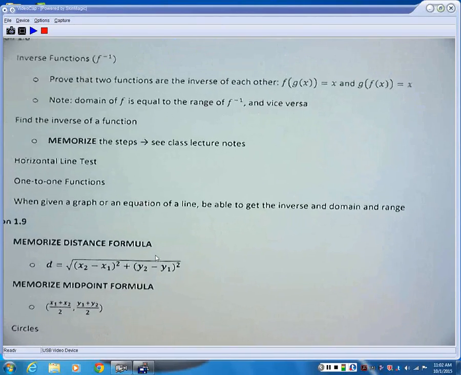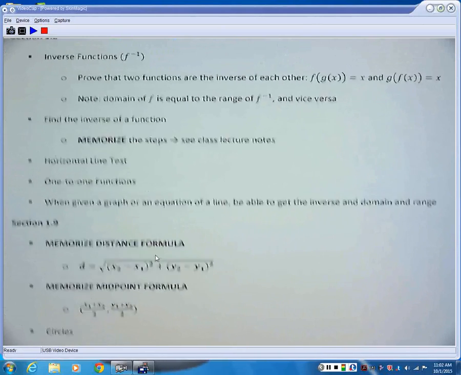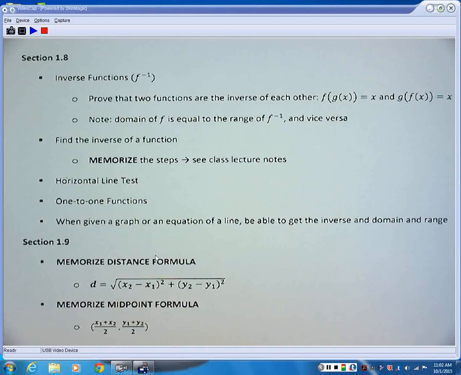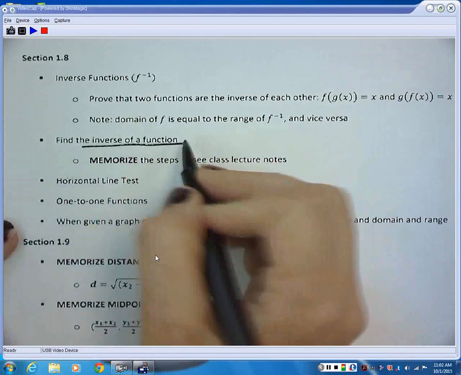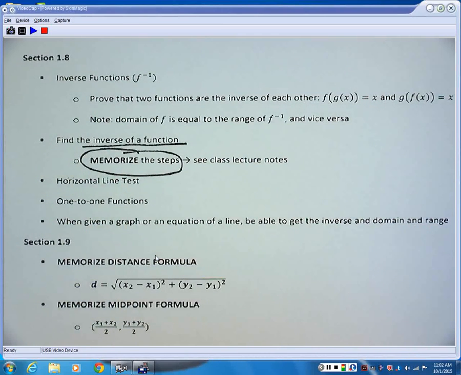Okay. You need to memorize the steps to find the inverse of a function. The steps are not on your formula sheet.